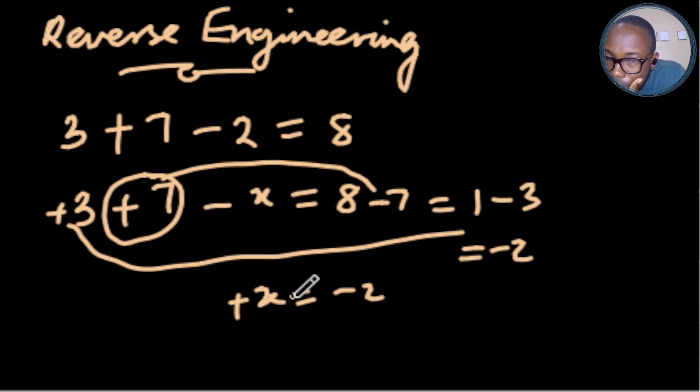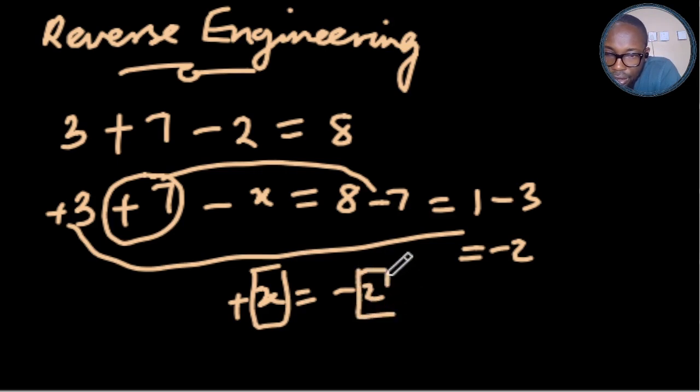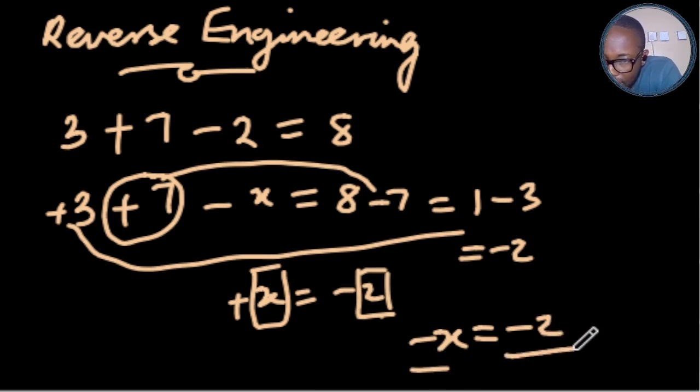Honestly, if minus x is minus 2, I don't need to bother again to see that the only number that matches is what? 2. If I have minus x equals minus 2, this equals this, right? Minus equals minus. X should also equal 2. Yes, x should equal 2.